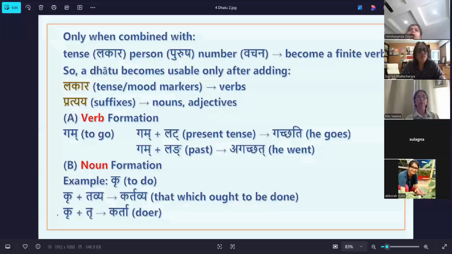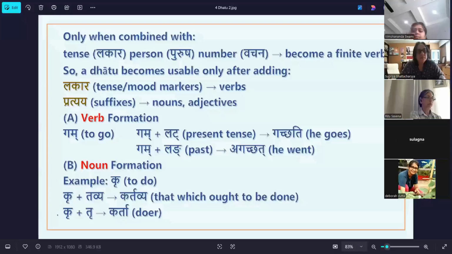Kri plus tri becomes karta, one who is the doer. So when you add these suffixes, the root changes to a noun. But that is not a verb, that's a potential action. So with the combination of these suffixes, you can change the form.